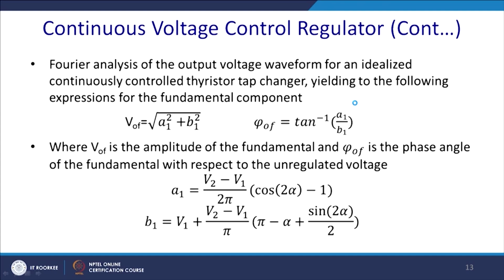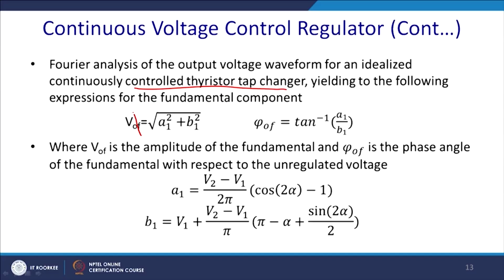Fourier analysis of the output voltage waveform for an idealized continuous control thyristor tap changer is shown below, yielding the following expression for the fundamental component. Let us assume that V1 is represented by A1 and V2 by B1.